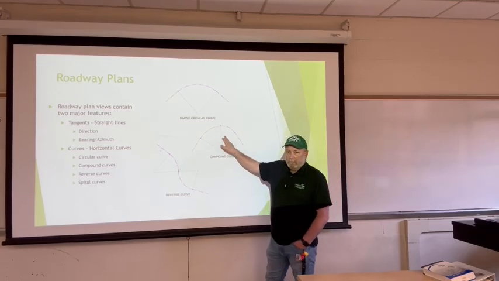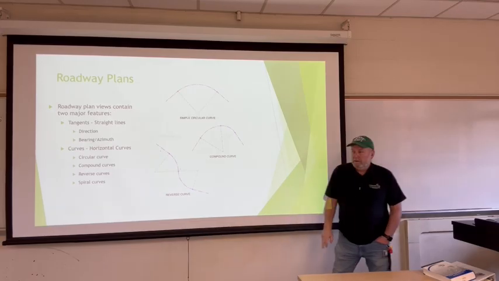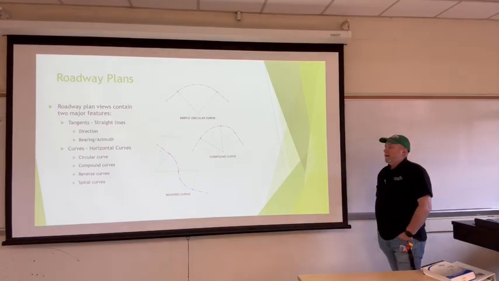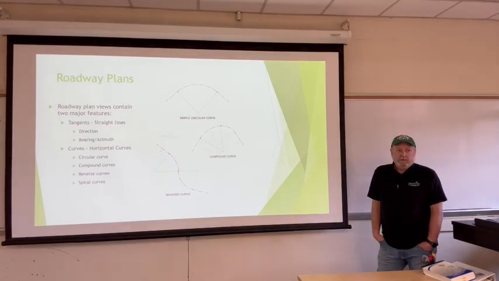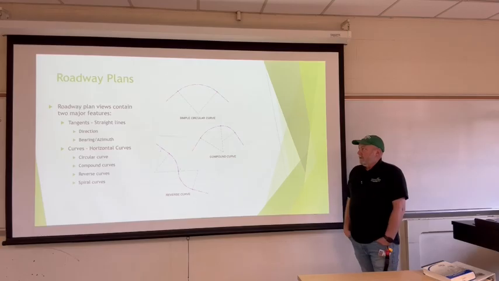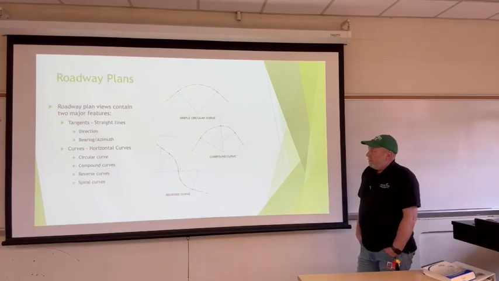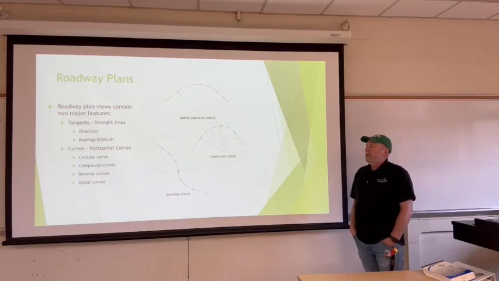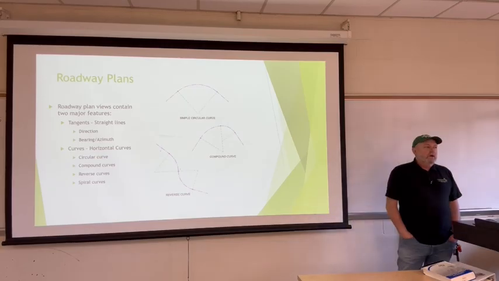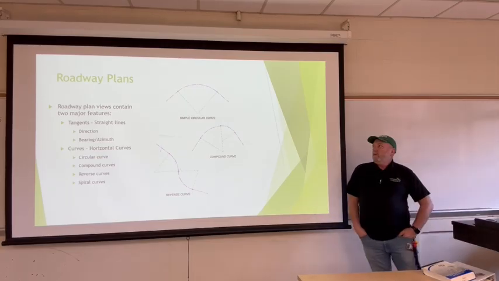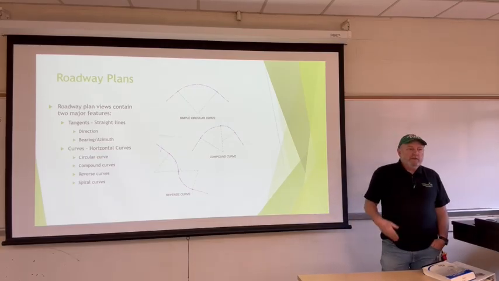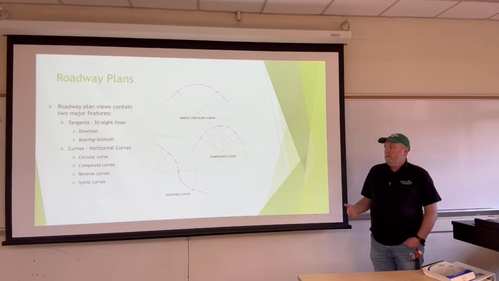That line's the same between those two. Very critical. Good geometry, good math. You can see compound curves more likely in subdivisions or on roadways where the speed is generally considered to be low.